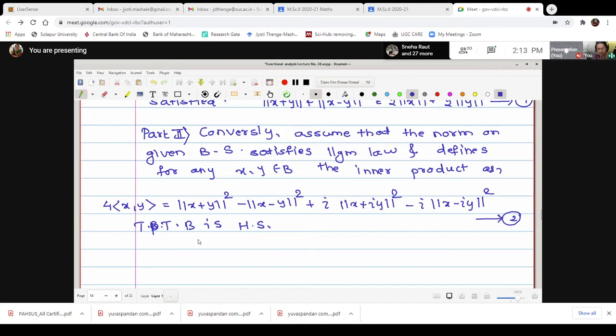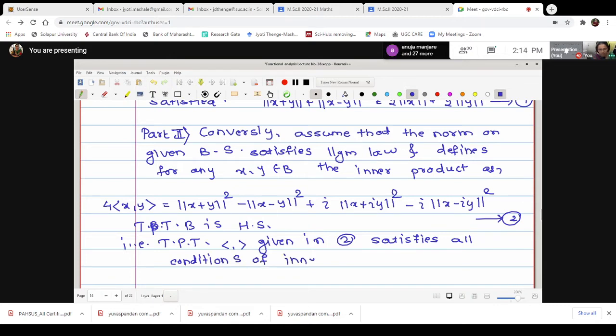Therefore, what should I prove actually? To prove that the inner product given in 2 satisfies all conditions of an inner product.